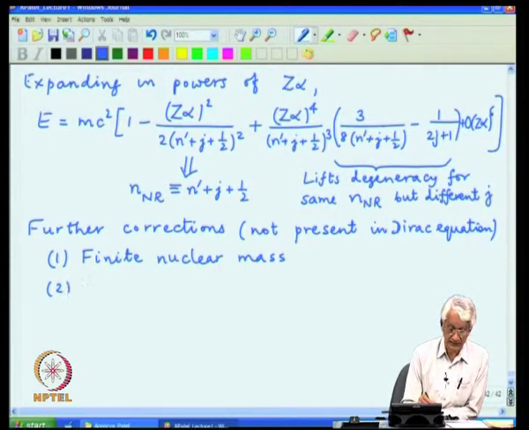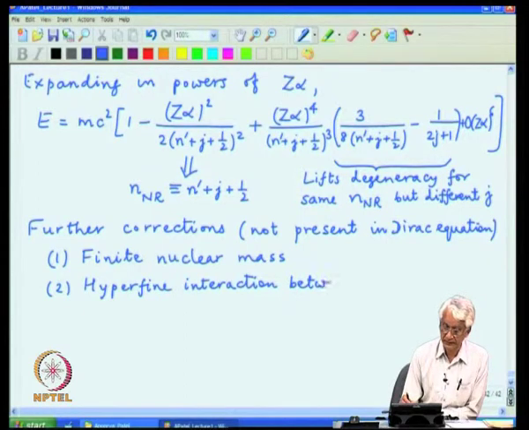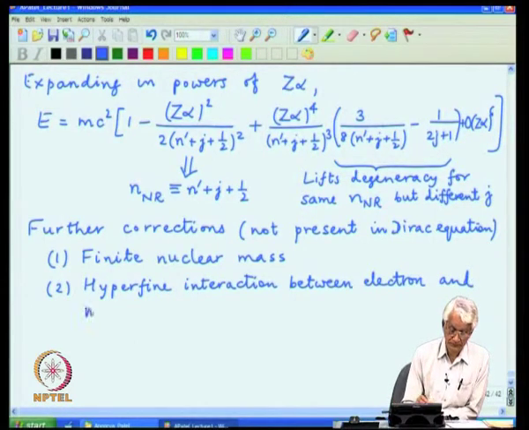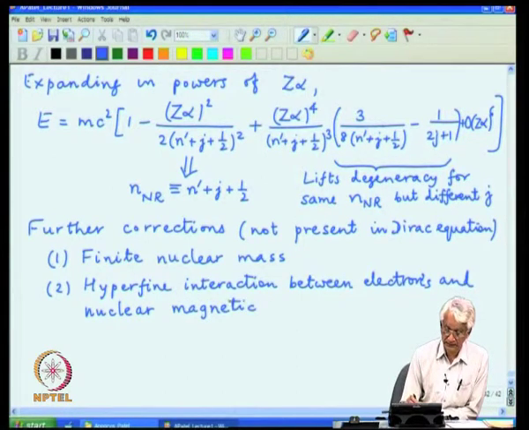The other is a so called hyperfine interaction between the magnetic moment of the electrons and the nucleus.